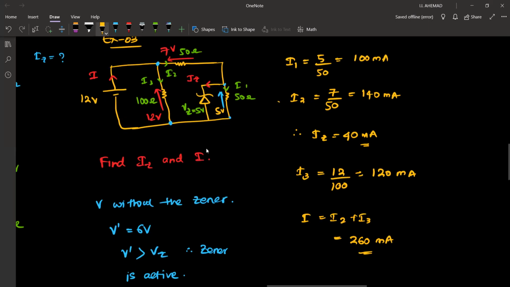If this is clear, I1 is 100, I2 is 140, I3 is 120, and I is 260.